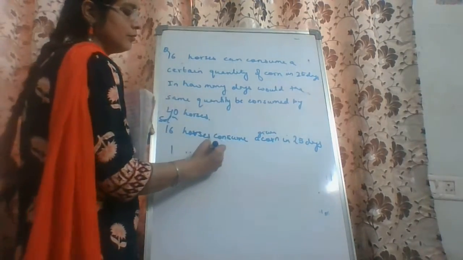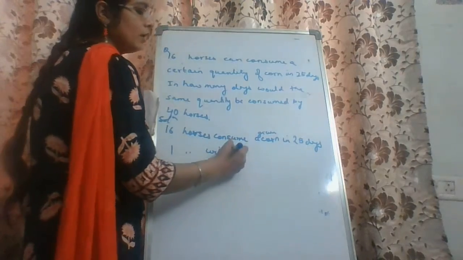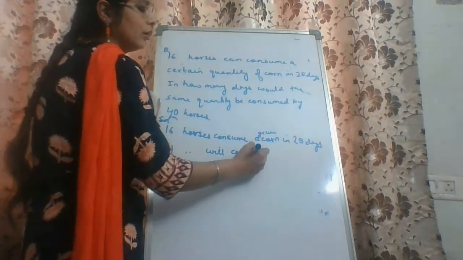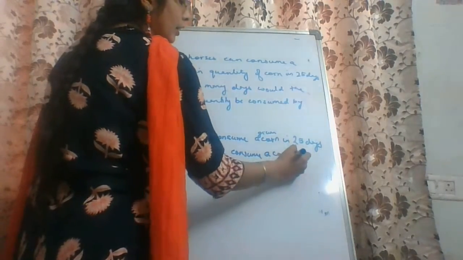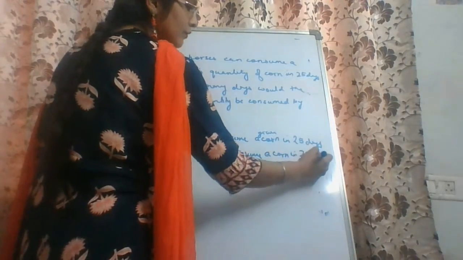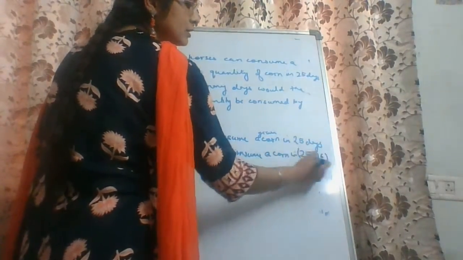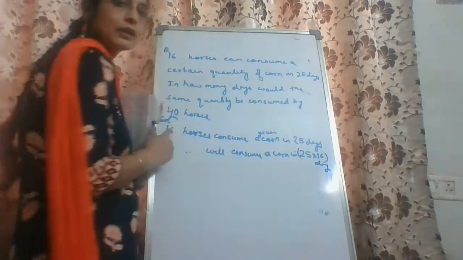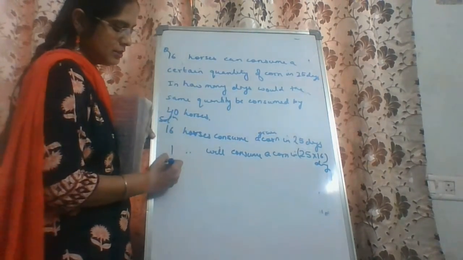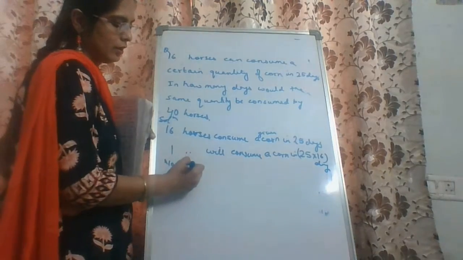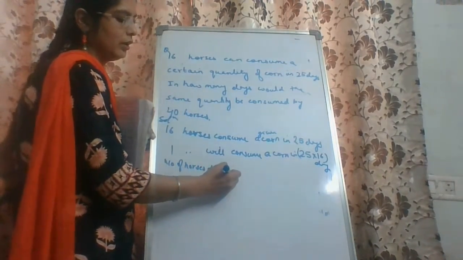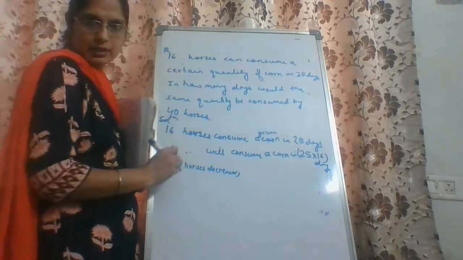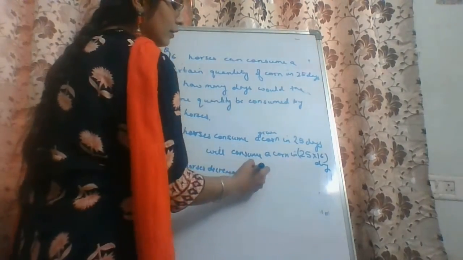One horse will consume a given corn in 25 multiplied by 16 days. Number of horses decreases, number of days increases.